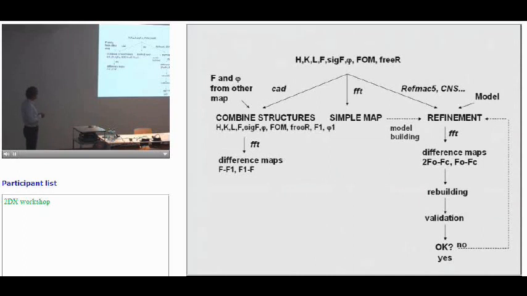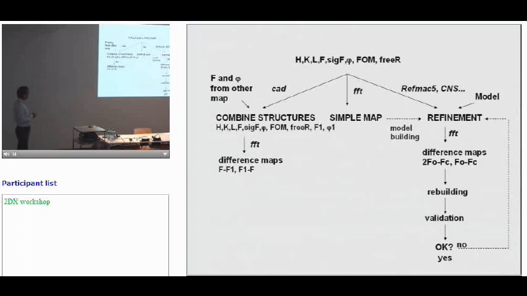The other branch here is related to the refinement step. For refinement in CCP4, the traditional refinement program is RefMac5. Of course, you can use other refinement programs as well.